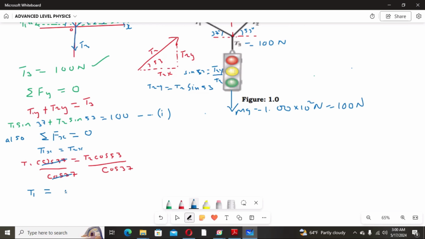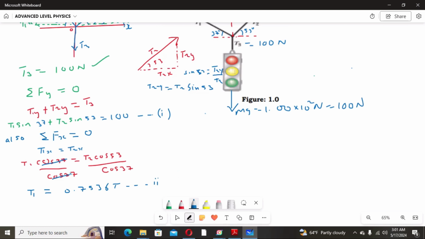So I'm getting 0.7536 T2. So we can label this as our second equation.